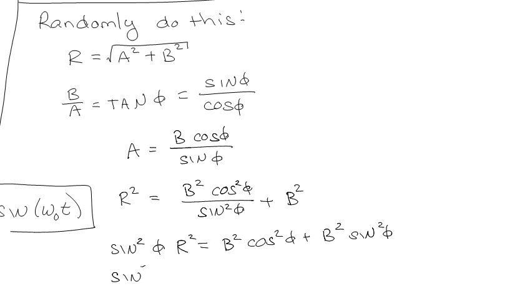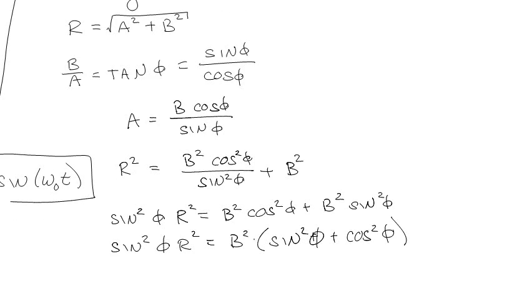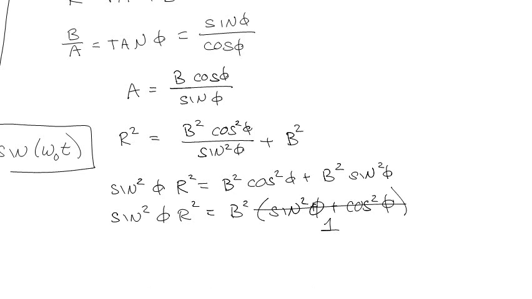What's really cool about this is I can factor out a b squared, and I've got sine squared plus cosine squared. And that's really exciting because that is equal to 1 because of trig. So essentially what I'm able to figure out is that b is equal to r sine phi.